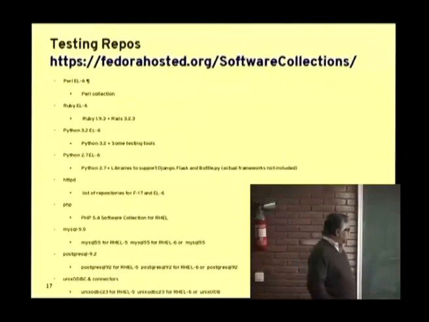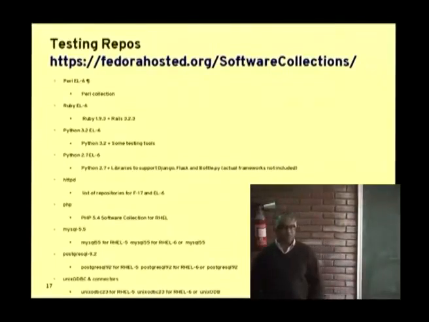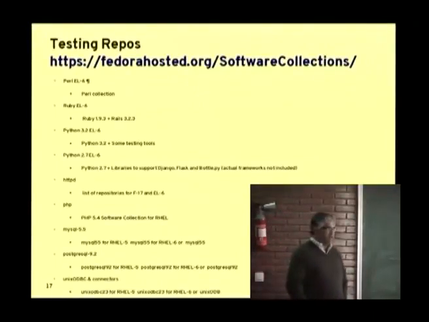And similarly with all the other ones, we started to do PHP, MySQL, Postgres. As we were doing this, one of the other things we found interesting is that if you look at the history of the databases, MySQL and Postgres, as they've gone through different versions over time, if you have a lot of data in them, it gets hard to upgrade the database server software because the on-disk format of the data changes.